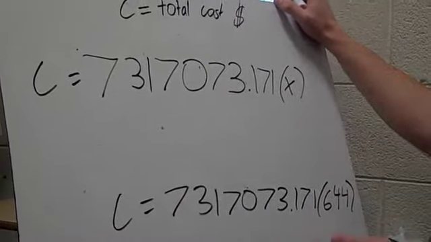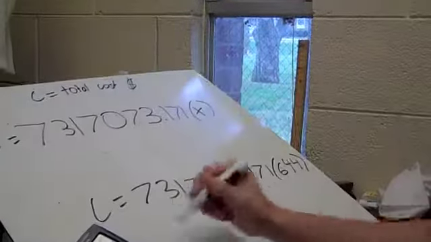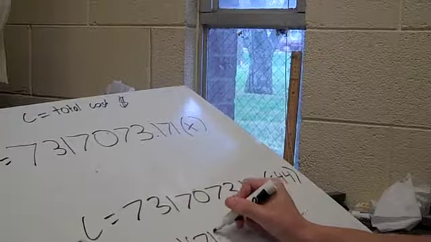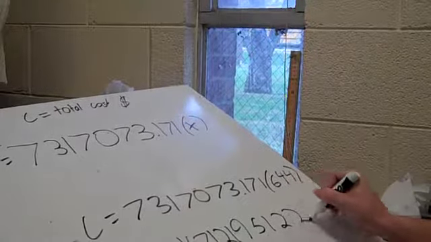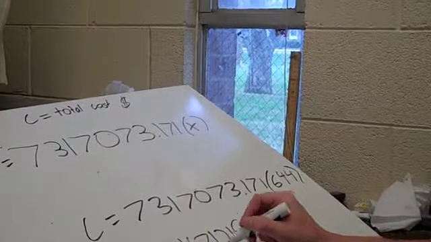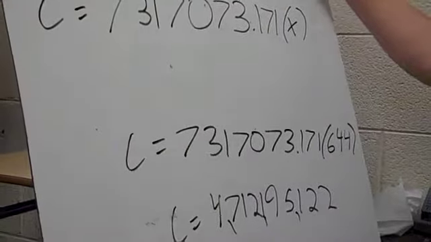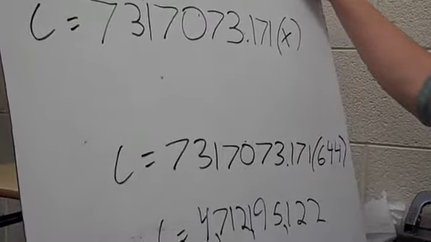When we plug in 644, we get the total cost to be $4,712,195,122. This sure is a bunch of scratch.